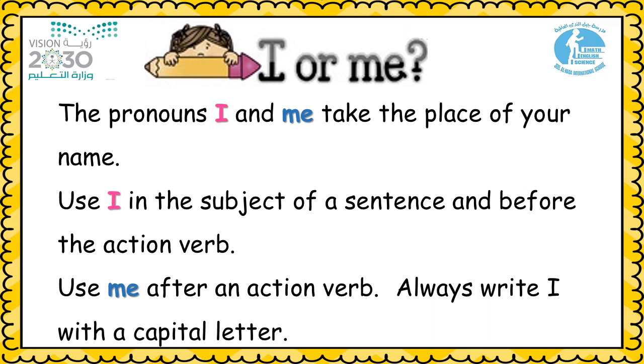So in the middle of the sentence or in the end of the sentence, we use the pronoun me. For example, he calls me. I use the pronoun me because it came after the action verb calls.